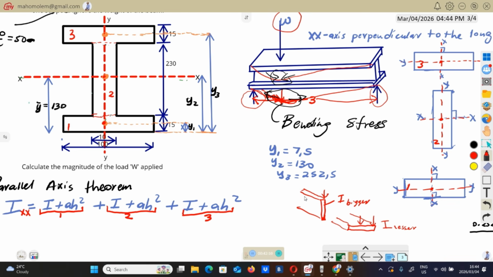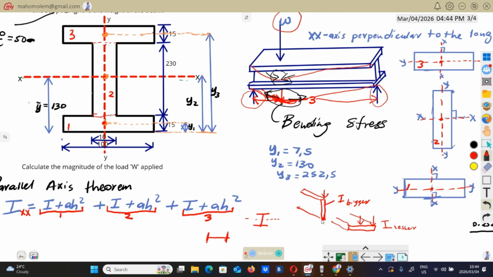So every profile is going to have two I values. It's going to have the weaker side and the stronger side. So now we're going to calculate the I value of this profile when it is positioned like this. And then we'll come back again and turn it, put it like this.